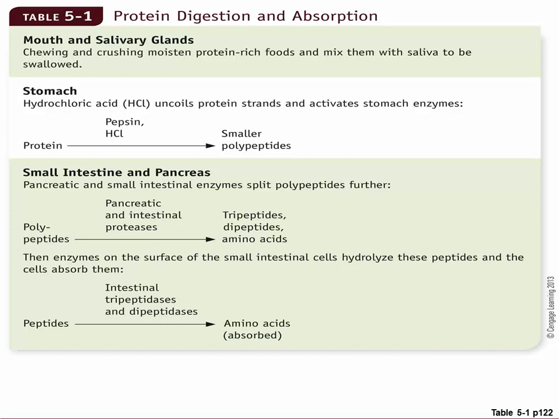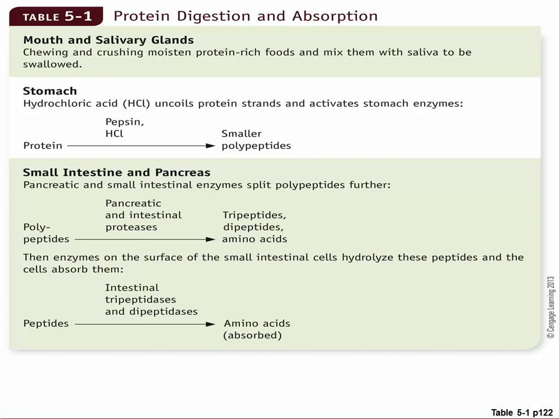Within your small intestines, this is actually where your enzymes from your small intestines and also from the pancreas are going to work on those proteins. We have proteases that are going to work on that. Proteases work on proteins. How do I know that that's an enzyme?